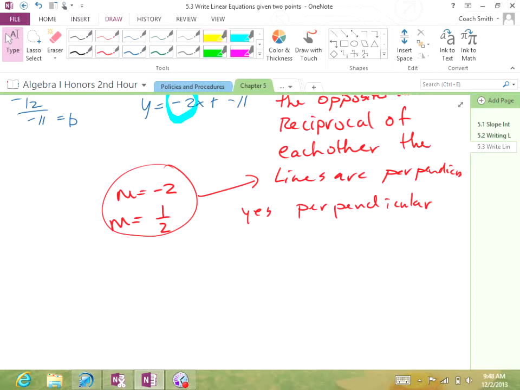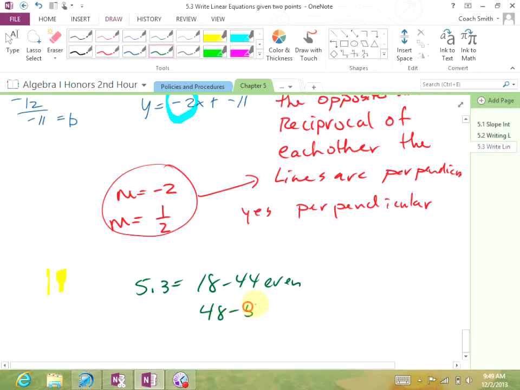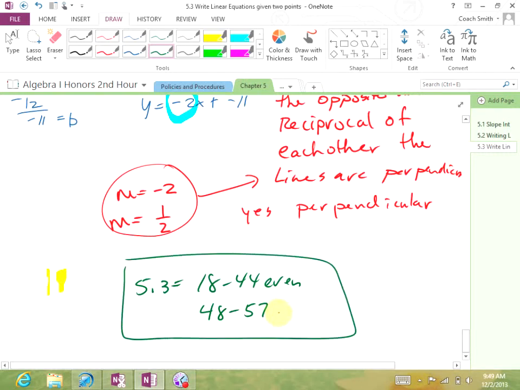All right, 18 through 44 even. 5.3, 18 through 44 even, and 48 through 57. Yeah, it's 10 of them.